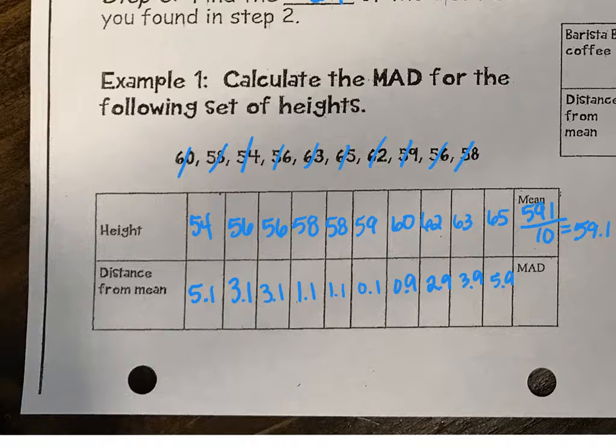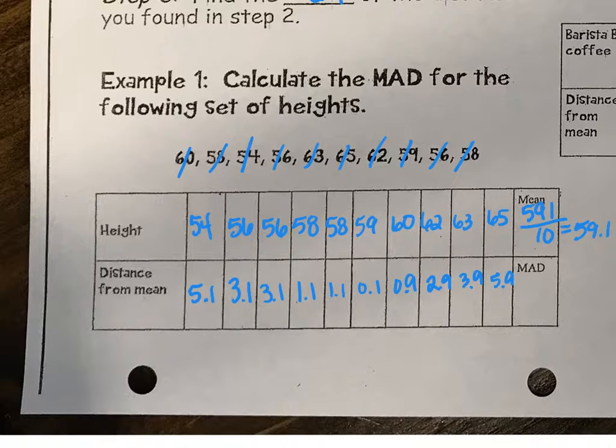Okay, now this is what you have to do to get the final step. You have to find the mean of these values. So you're going to add them. 5.1 plus 3.1 plus 3.1 plus 1.1 plus 1.1 plus 0.1 plus 0.9, 2.9, 3.9, and 5.9.